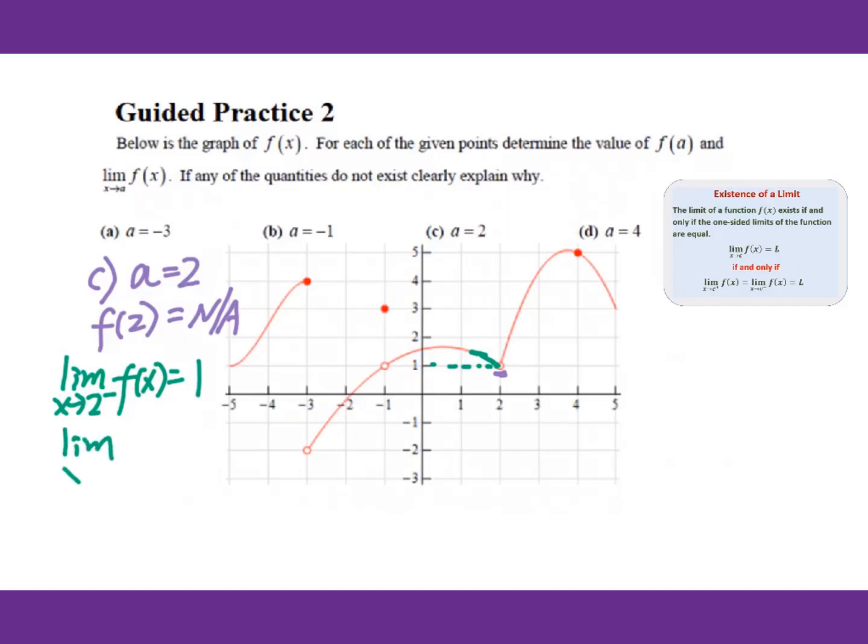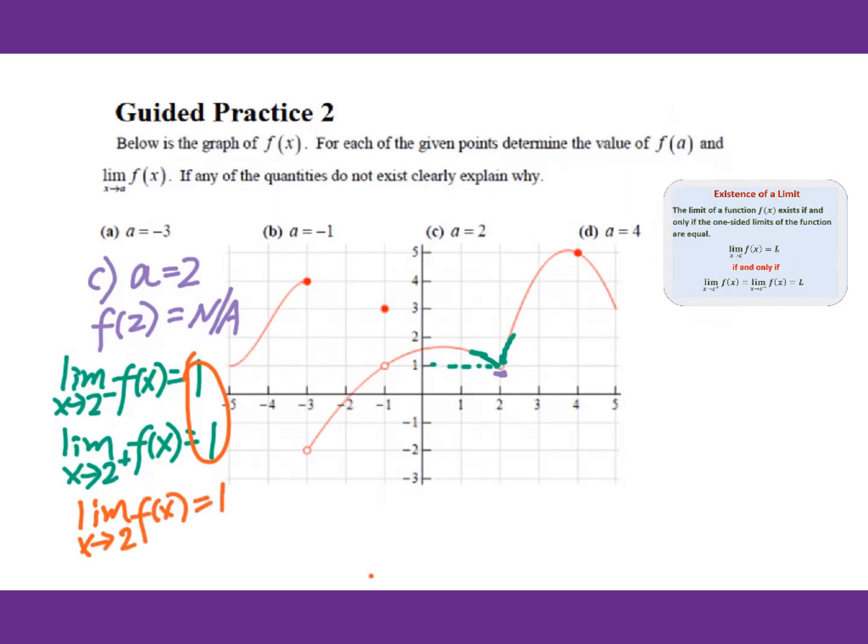Limit as x approaches 2 from the right side of f(x): the right side of the graph approaches 2, still getting 1. Since the one-sided limits are equal to each other, we know the limit as x approaches 2 of f(x) equals 1.